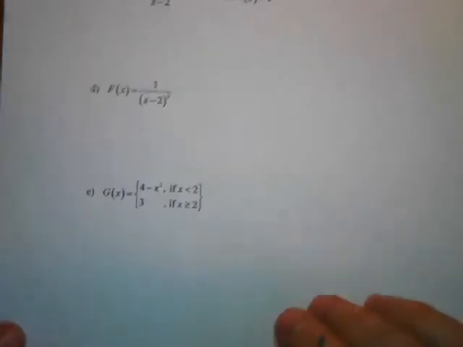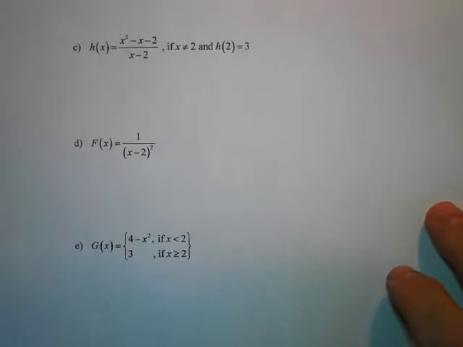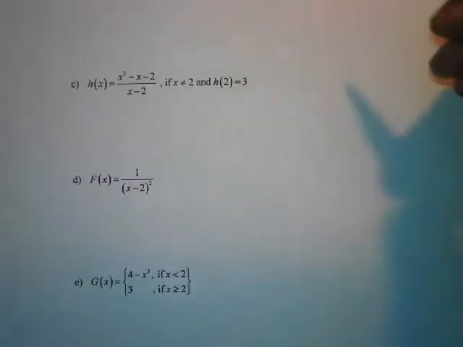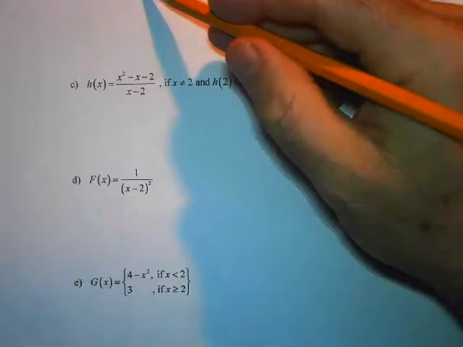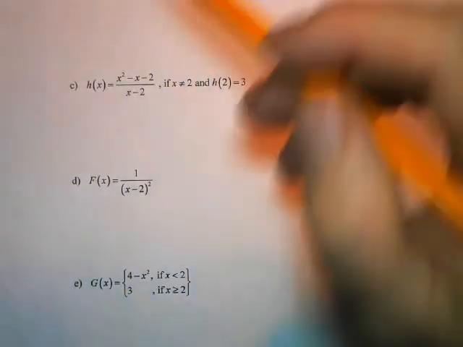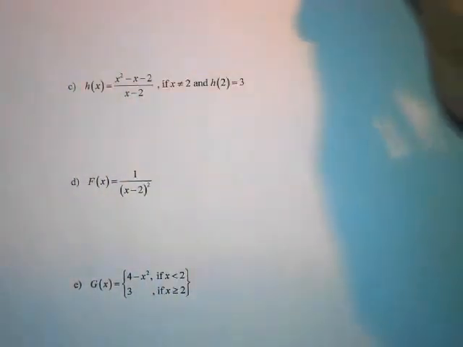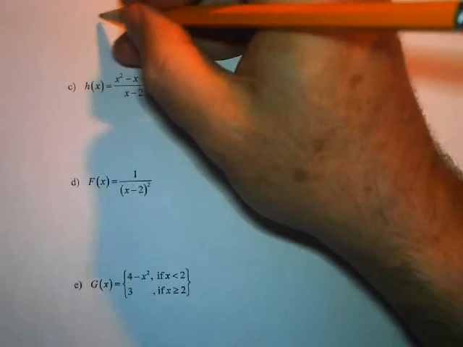So we've got two or three rational functions here. In this case, we've got a quadratic over a linear, and you can probably guess what's going to happen. You can actually factor the top. Let's do it down here.